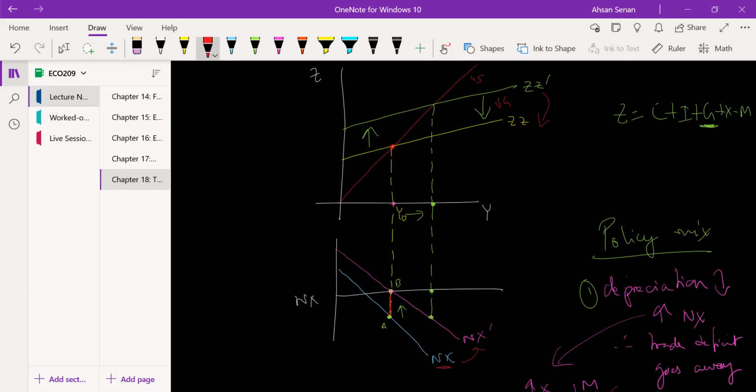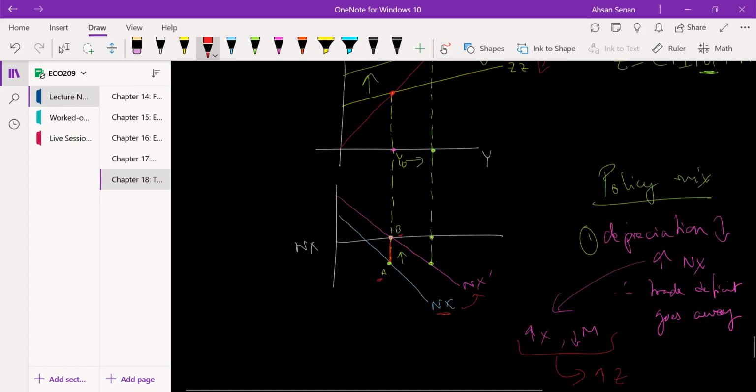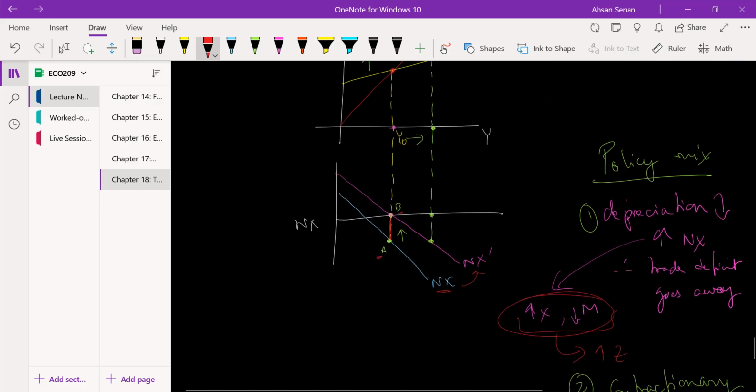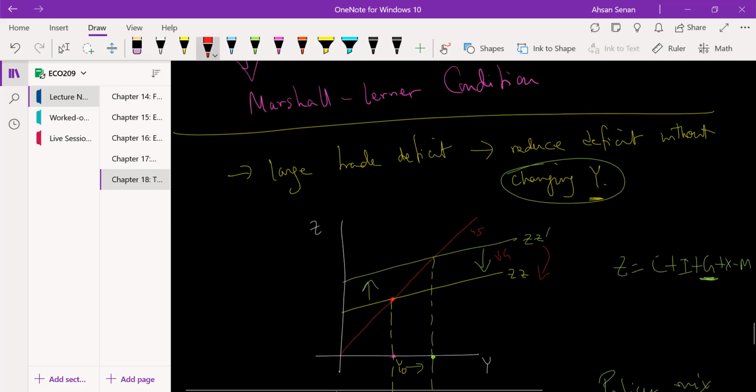As a result, we moved up from A to B, and our trade deficit was taken care of. Problem is, the moment that happened, the moment X went up, M went down, our Z also increased. And as a result, we moved from Z to Z prime.